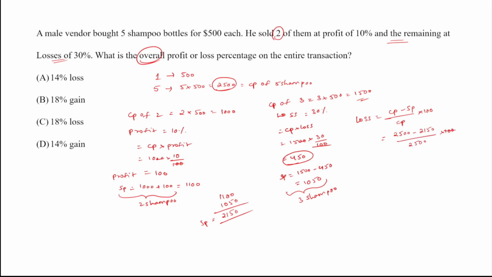So here the two zeros will get cancelled. After subtracting 2150 from 2500, we will get the answer as 350 by 25. So we need to solve this. After solving this, we will get the answer as 14 percentage. So the vendor get 14 percentage of loss. So from these options, the correct answer is 14 percentage loss. That is option A is correct.